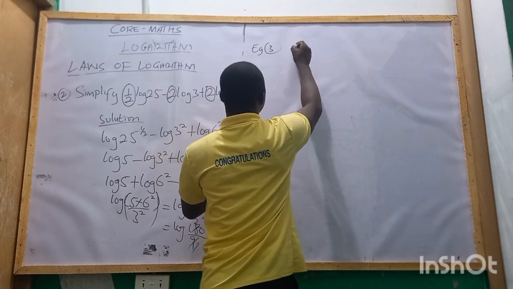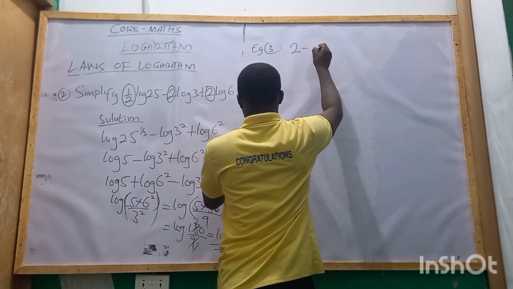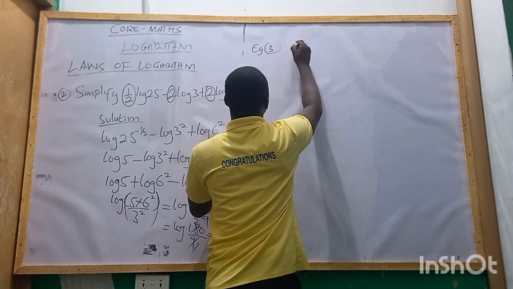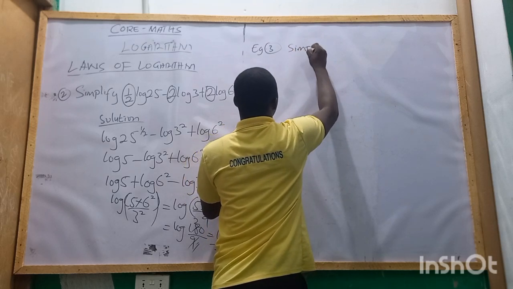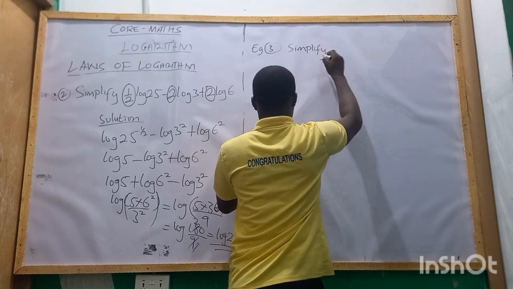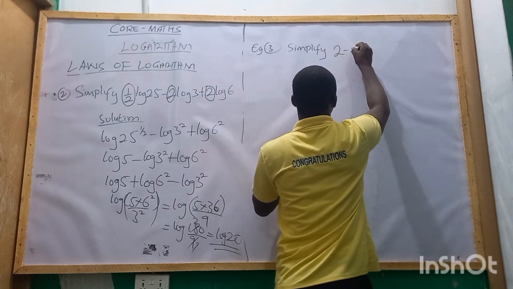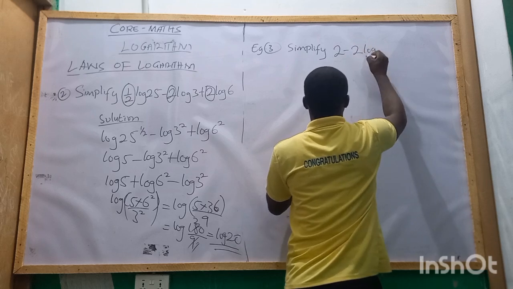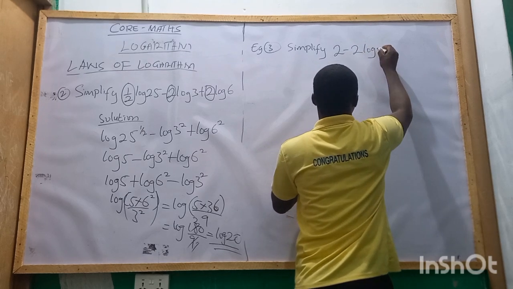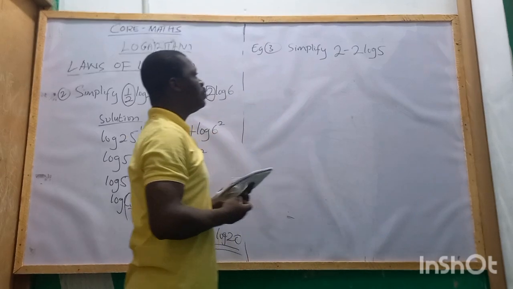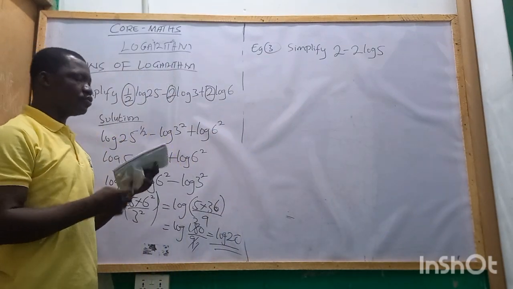So we have 2 minus, so say we should simplify 2 minus 2 log 5.